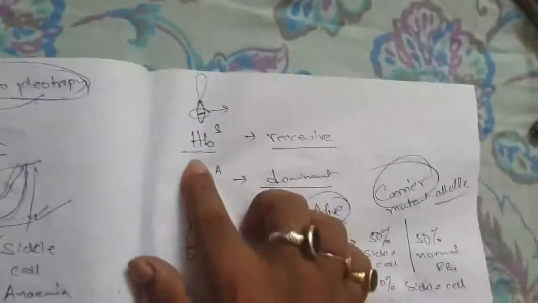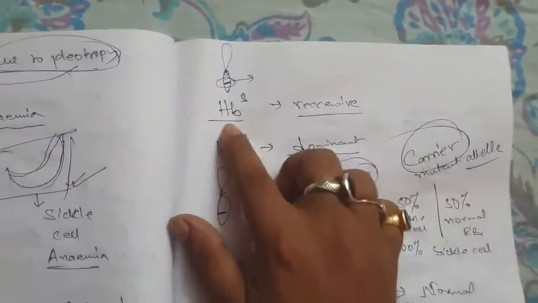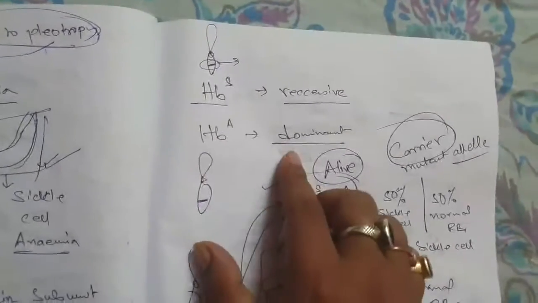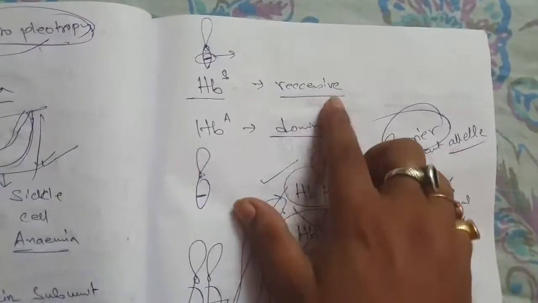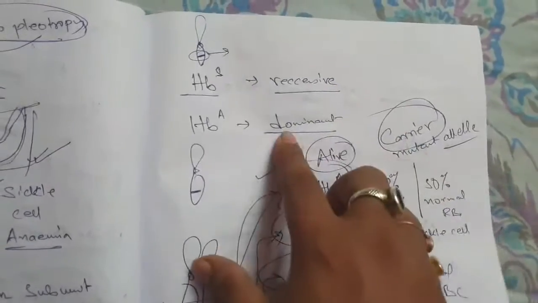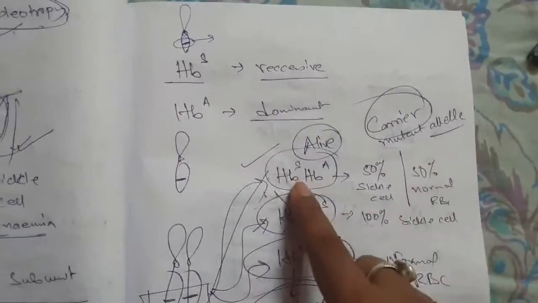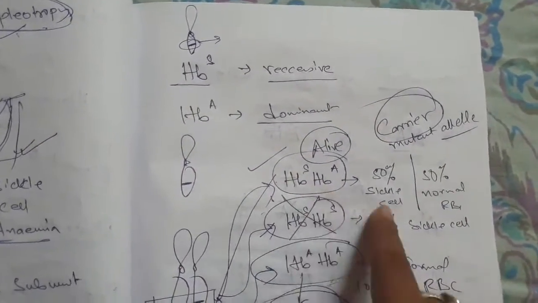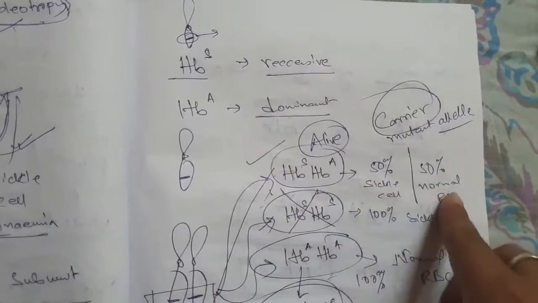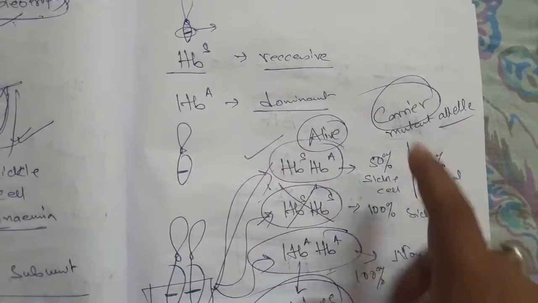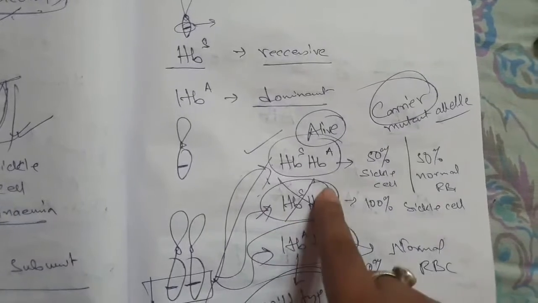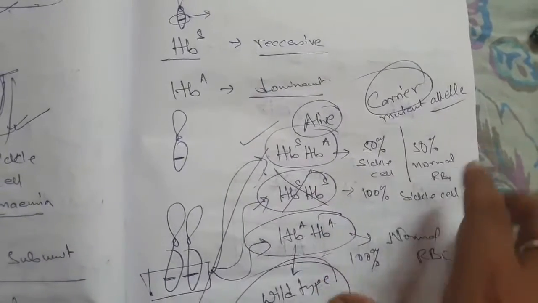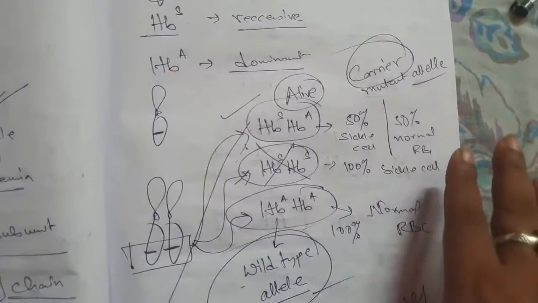Now I consider HbS as the allele which will have sickle cell, and HbA which will not have sickle cell. Now if it is HbS HbA, 50% sickle cell will be there, 50% normal RBC will be there. It will be alive. If it is HbS HbS, 100% sickle cell. HbA HbA, 100% normal.